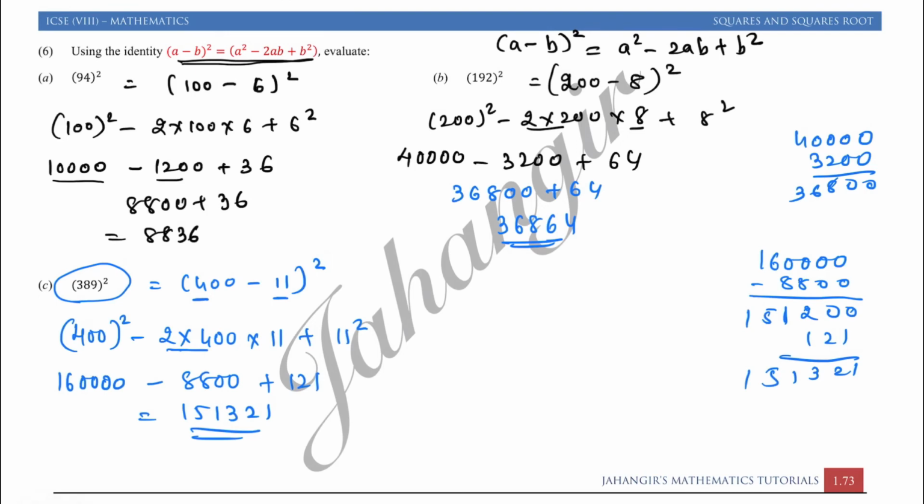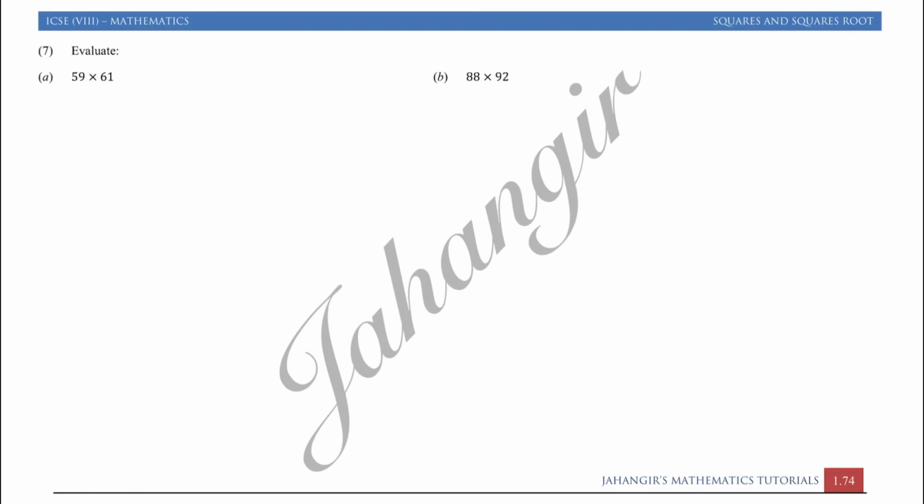Okay. Next, this is the last pattern. Evaluate means you don't have to just multiply. We are using here a minus b into a plus b identity, that is a square minus b square. If you notice the gap between the two, it is 60 minus 1 and 60 plus 1. This can be expressed as a minus b, a plus b.